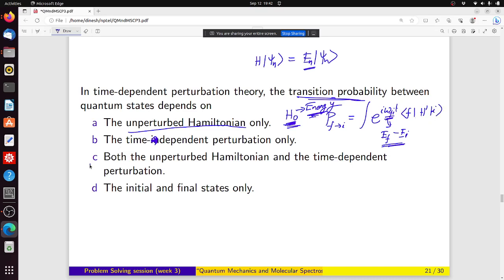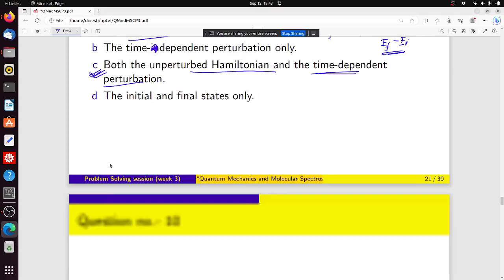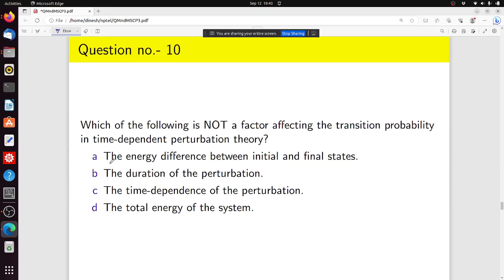So the correct answer will be C. It depends on the unperturbed Hamiltonian and this time dependent perturbation H prime. C is the right answer. Moving on to the next question.